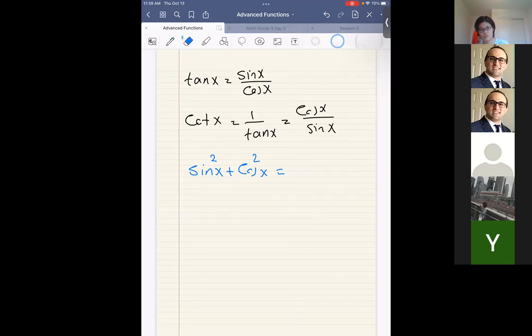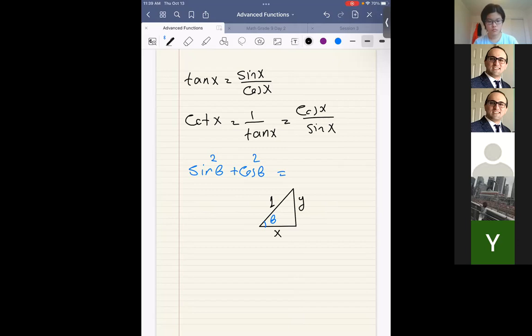Let me just write theta because I don't want to confuse you. So let me draw this picture that you saw before. If this is theta and the radius is 1, this is y and this is x.